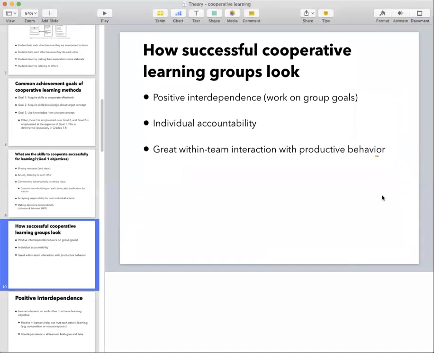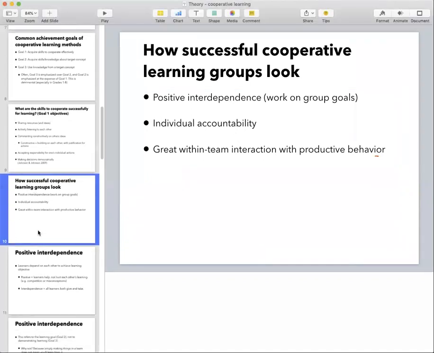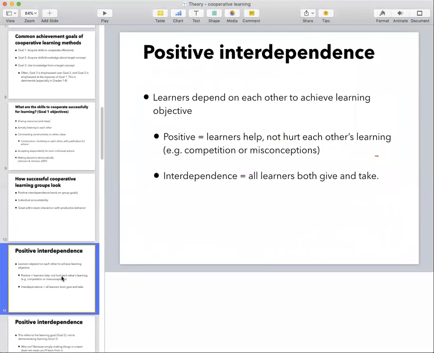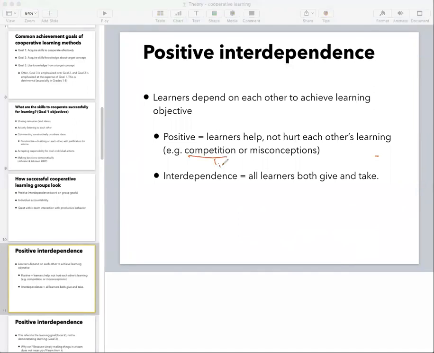Okay, so I talked about positive interdependence at a higher level. What does it really mean? Positive interdependence is this idea that learners can depend on each other to achieve the learning objective. There are two parts to it, both of which are important. First, it must be positive. So students must help, not hurt, nor ignore others' learning. So a competition would be ignoring others' learning because you're competing with them.